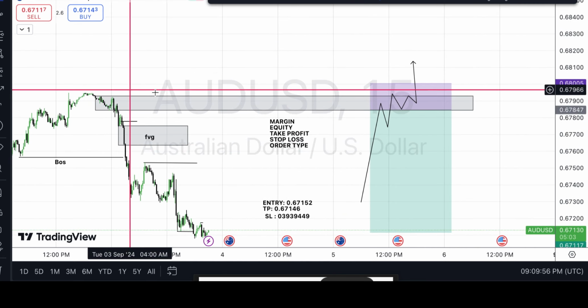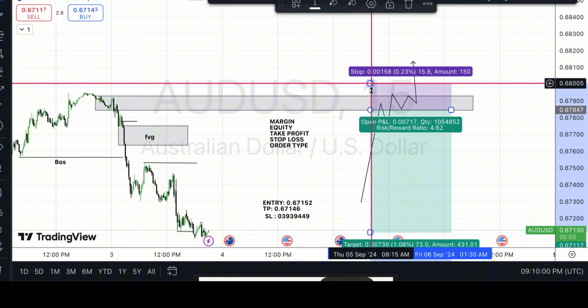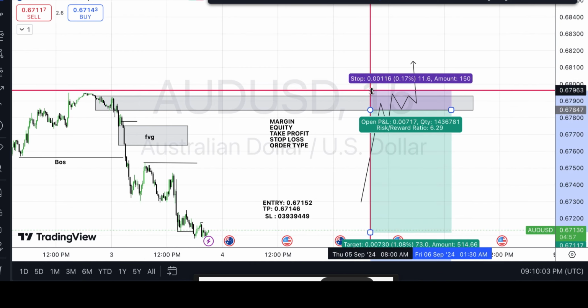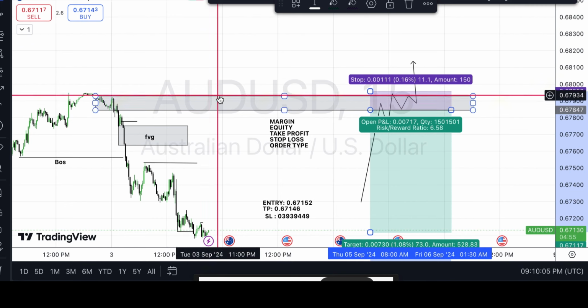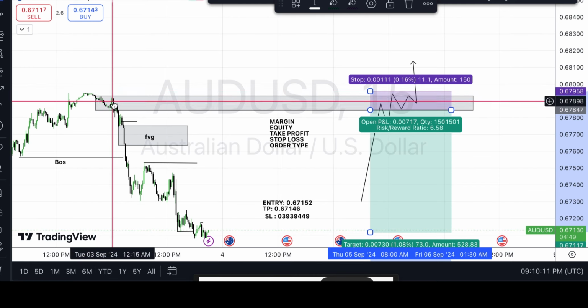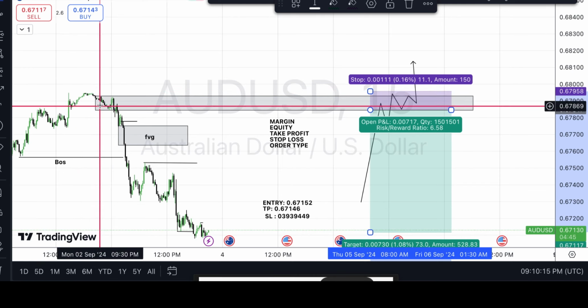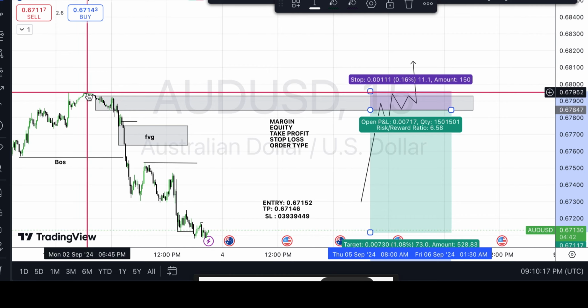Normally, this is the highest point of this zone here. So this is where price is supposed to react from. Price is not supposed to push above this place, because this is a strong resistance level.